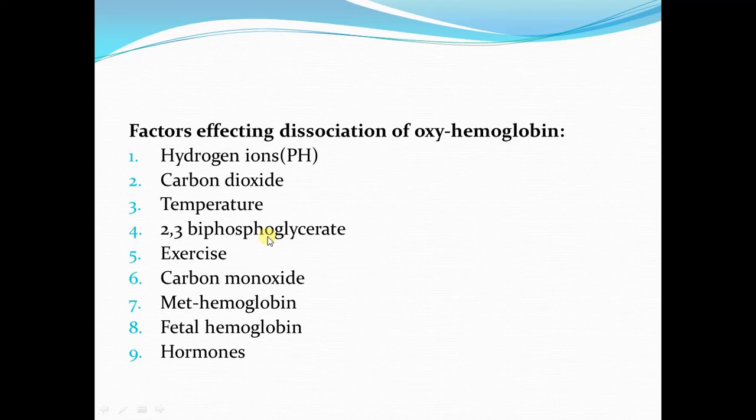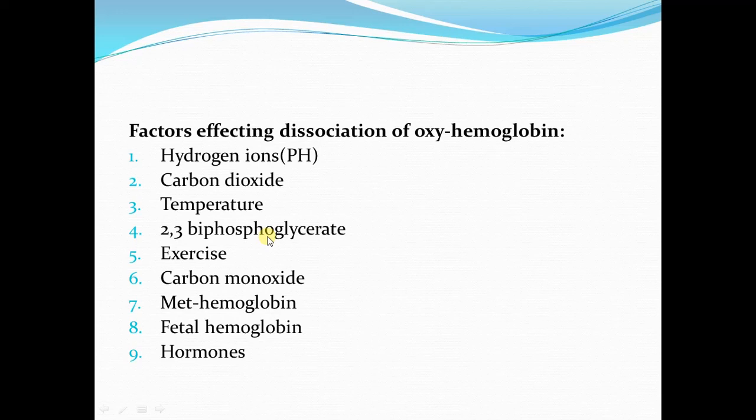Now, a person may be exposed to a hypoxic environment, like people living at high altitude where the partial pressure of oxygen in the environment is low. So more 2,3-biphosphoglycerate will be formed, and it will facilitate the delivery of oxygen to the tissues.